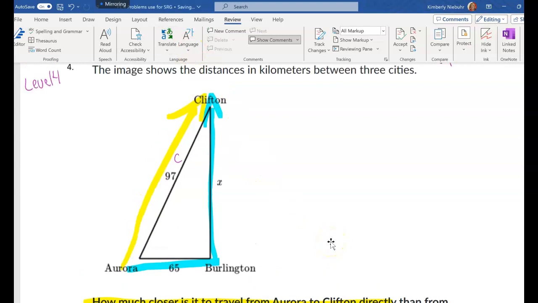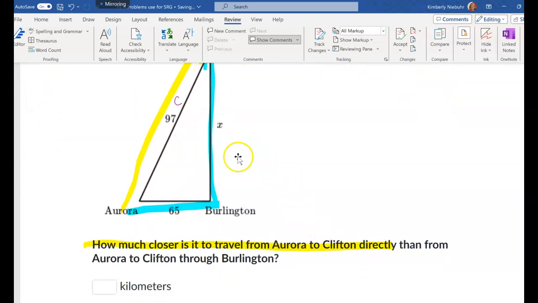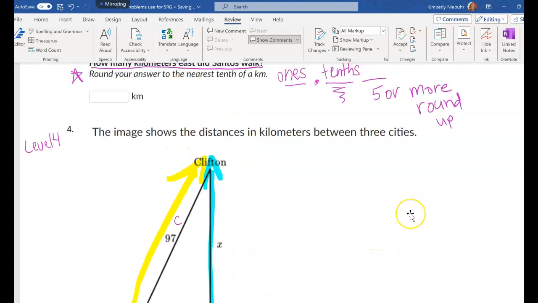Okay, so step one, we need to figure out what this leg is. That's step 1. What is the leg?